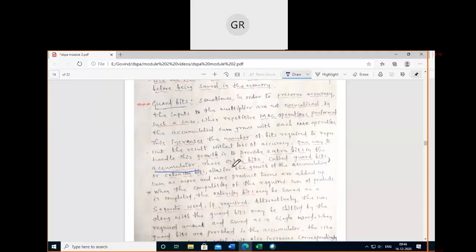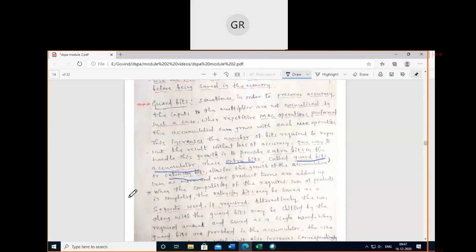These extra bits are called guard bits, or we also call them extension bits. These allow for the growth of the accumulated sum as more and more product terms are added up.